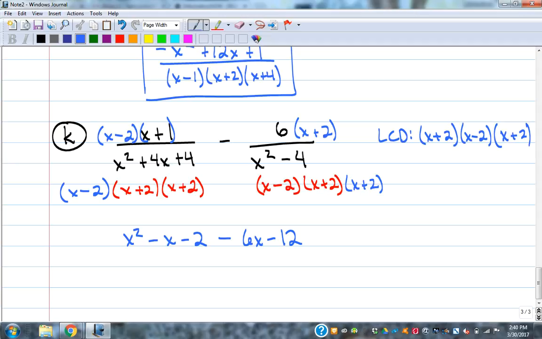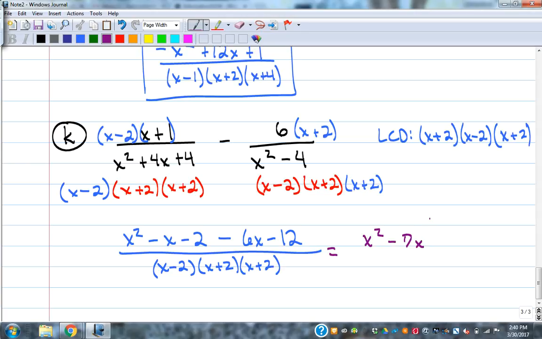A minus 6 times both of them. It's distributive property, but since it's just a number there, I can just distribute the minus sign with it to keep me from having to write an extra step in there. And then the denominator is still that. Simplify. So it'll be x squared minus 7x minus 14.